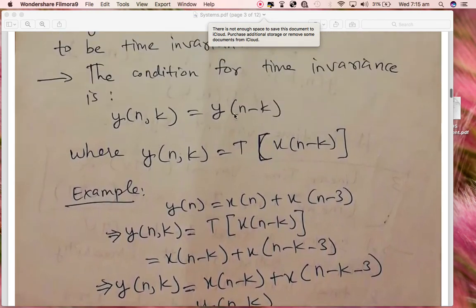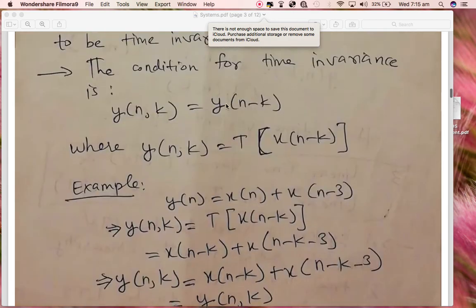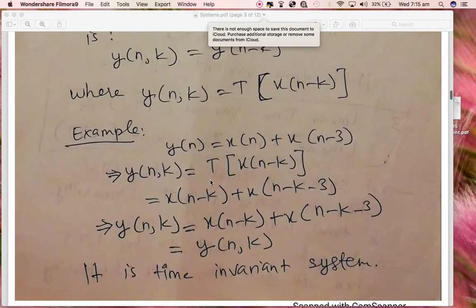We have to prove this condition in order for the system to be time invariant. If we have any system which is described by the following equation, we first calculate y(n,k) and then y(n-k). Firstly we calculate y(n,k), which is equal to the transformation of x(n-k), which is just telling us to replace the time bracket values of an equation.